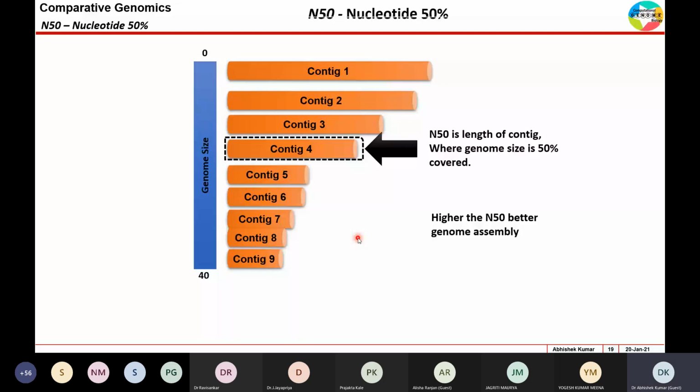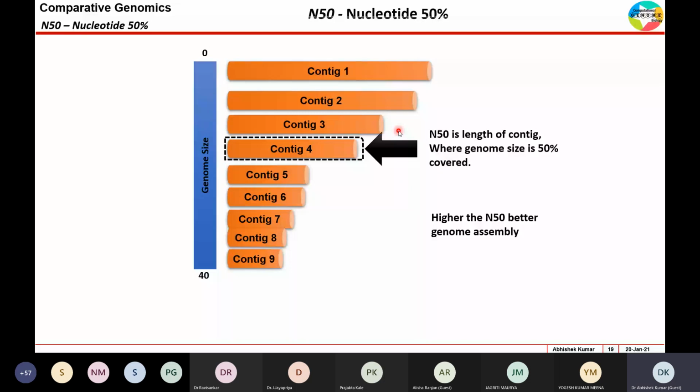And this is one of the criteria to tell people how good or bad our genome is. If a genome is assembled into fewer contigs, and N50 is reached in fewer contigs or fewer scaffolds, your genome will be of better quality, because you have fewer pieces remaining.